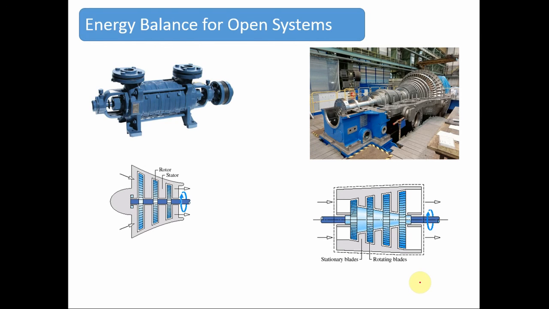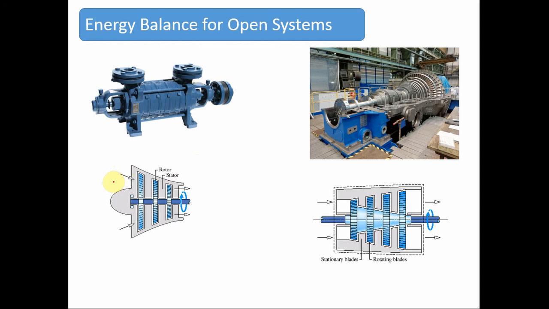At the same time, many engineering devices like, for example, turbines, pumps, nozzles and diffusers, etc., can easily be modeled to have a single inlet and a single outlet like this. Therefore, rather than having multiple outlets, many engineering devices have a single inlet and single outlet.